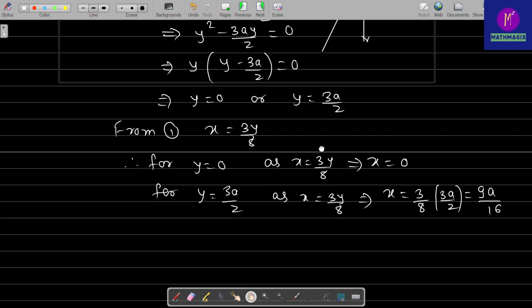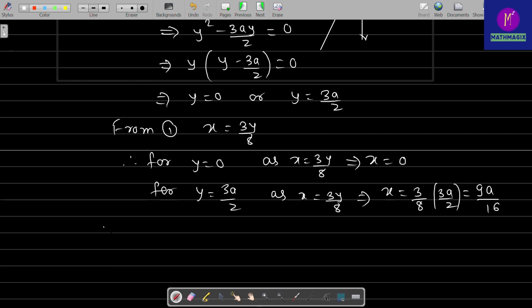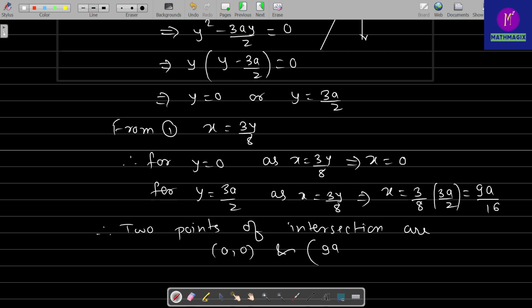So here we have 2 points of intersection. Therefore the 2 points of intersection are (0, 0) and (9a by 16, 3a by 2). Always write down the x coordinate first, comma, then y.